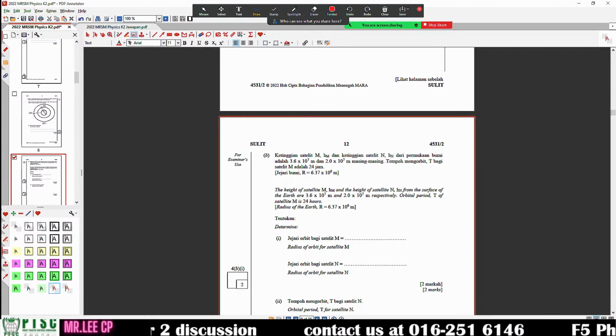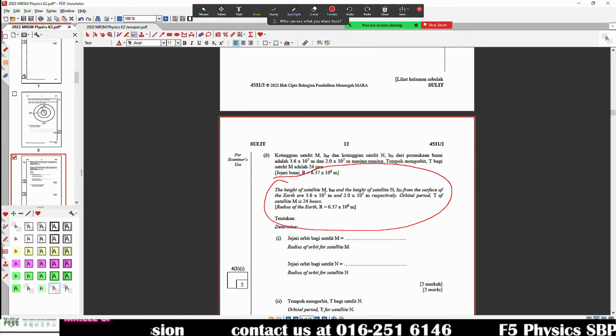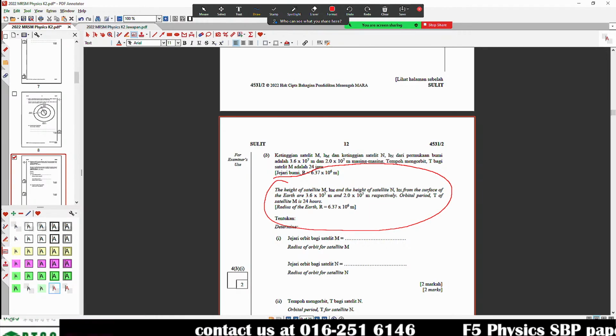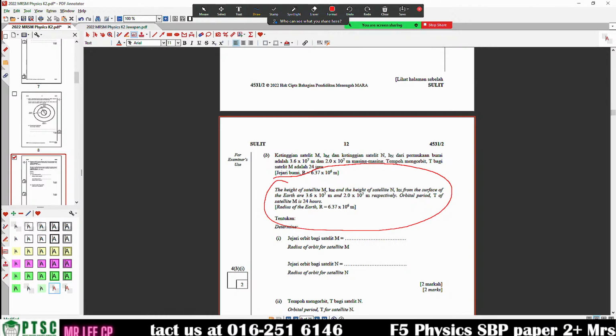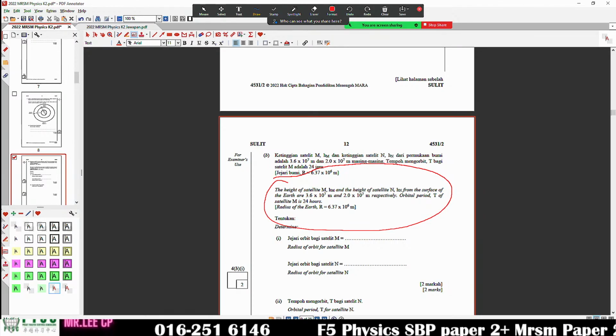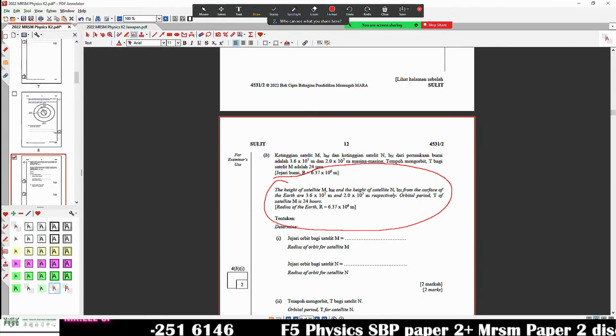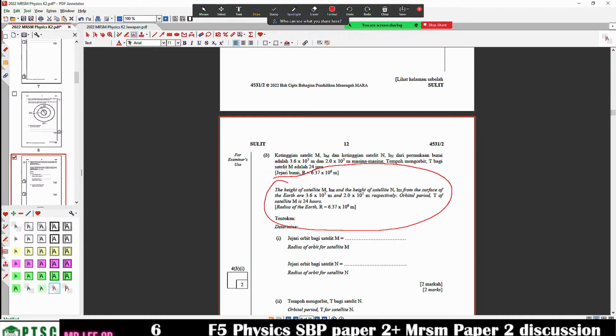Right, next one. The height of satellite M, hM, and the height of satellite N, hN, from the surface of the Earth are 3.6 times 10 to the 7 and 2.2 times 10 to the 7. One decimal. The T of the satellite is 24 hours. Radius of the Earth is this.